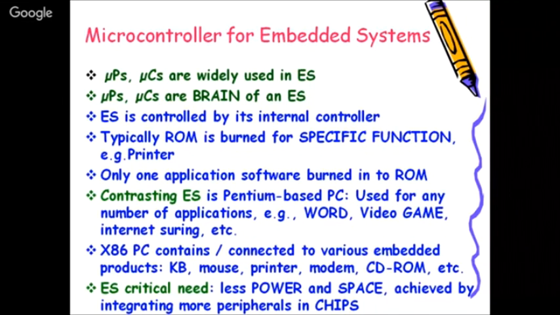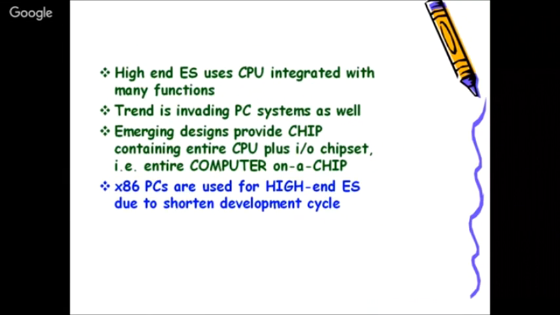So what is the critical need of the embedded system? Less power and space achieved by integrating more peripherals. This we have already seen. A high-end embedded system uses a CPU integrated with many functions. And what we see in the market now is that this trend is invading PC systems as well.